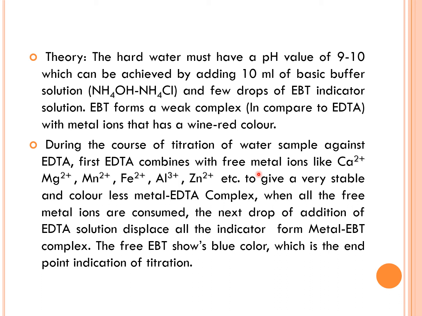How to prepare EBT solution, how to prepare EDTA solution, how to prepare hard water solutions, and all these extra parts of this EDTA titration method we will discuss in the next video lecture in detail. Here we just have to understand what the reagents are, what the indicator is, what type of water, and what the basic principle is.